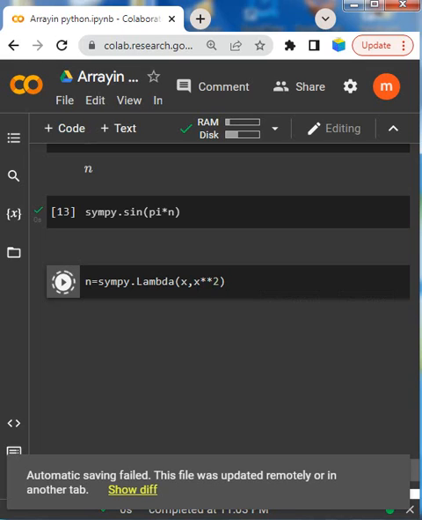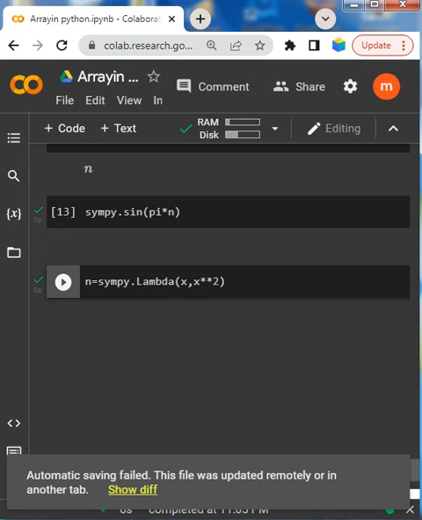I think it has been printed in a few seconds. Okay, and similarly if you write the x and x tends to x square, you can put any other value here.